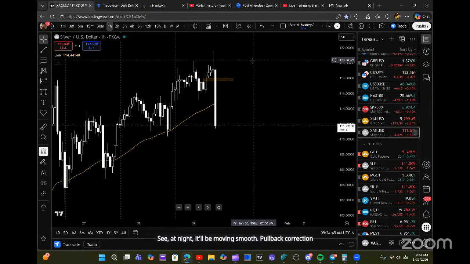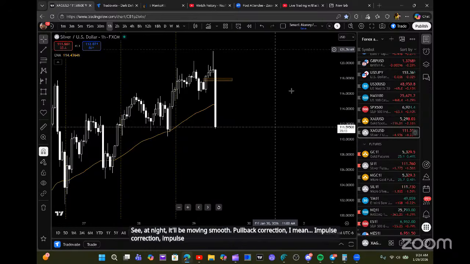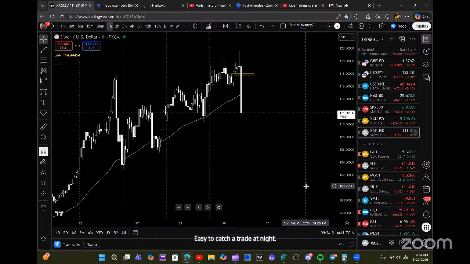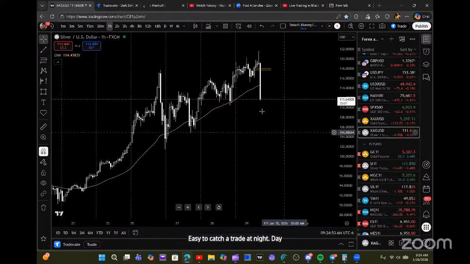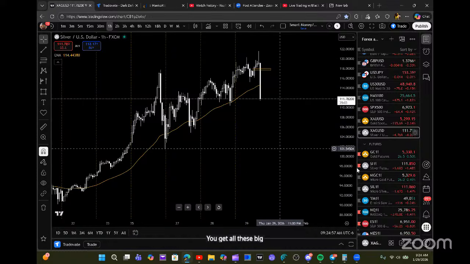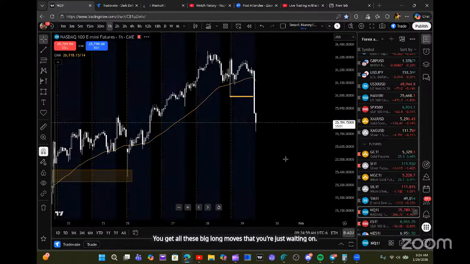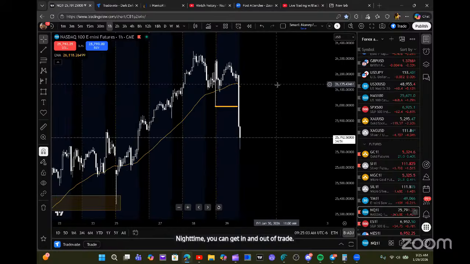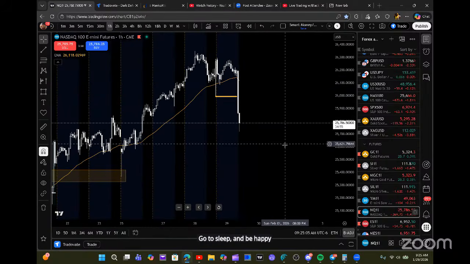Impulse, correction, impulse, correction, impulse, correction. Easy to catch a trade at night. Daytime, all of the big money people come in, and you get all these big long moves that you're just waiting on. Nighttime, you can get in and out of a trade, go to sleep, and be happy. Don't even have to trade the next day.